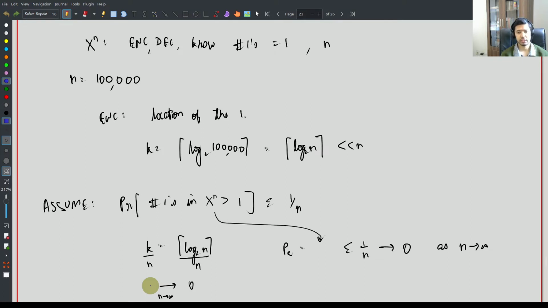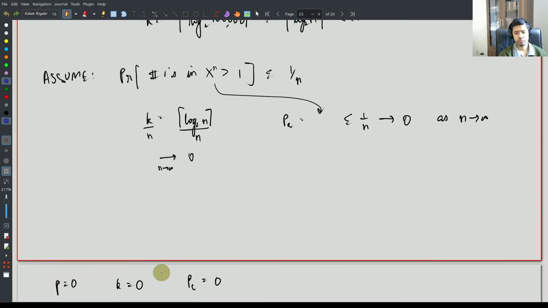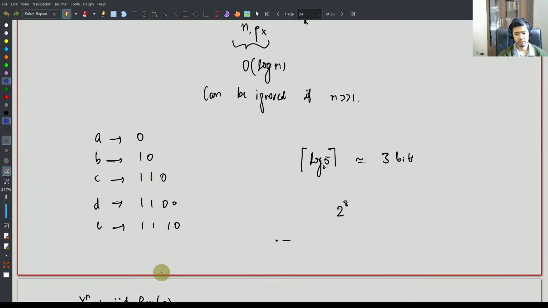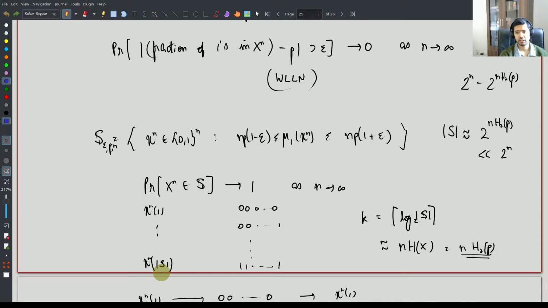But then if it is very close to 0, so for example, if we knew that the probability that the number of ones in Xn is greater than 1 is vanishingly small, then we can actually achieve a very small K of just log n. And log n over n tends to 0 as n tends to infinity, so asymptotically the rate is also equal to 0. So now we are going to build a compressor for general Bernoulli P sequences which achieves a rate close to the entropy.